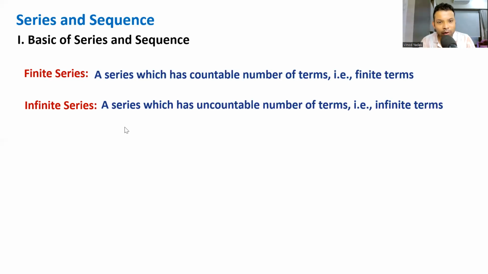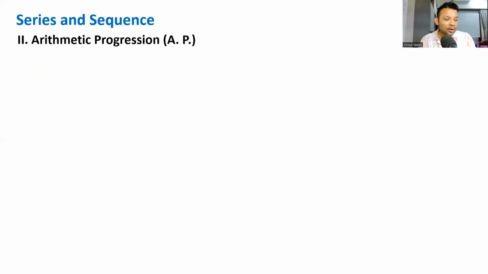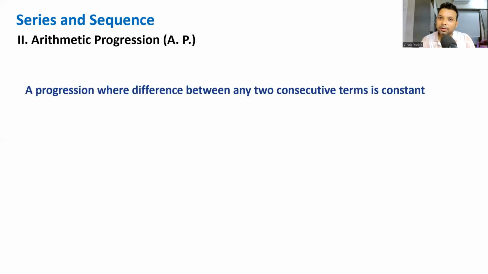All right, so let's explore the first progression, AP. This is the main logic of AP: the difference between two consecutive terms is constant. It means every term will be added by the same fixed number again and again to get the next term. So for example, 2 plus 4 plus 4 plus 4 plus 4 plus 4.